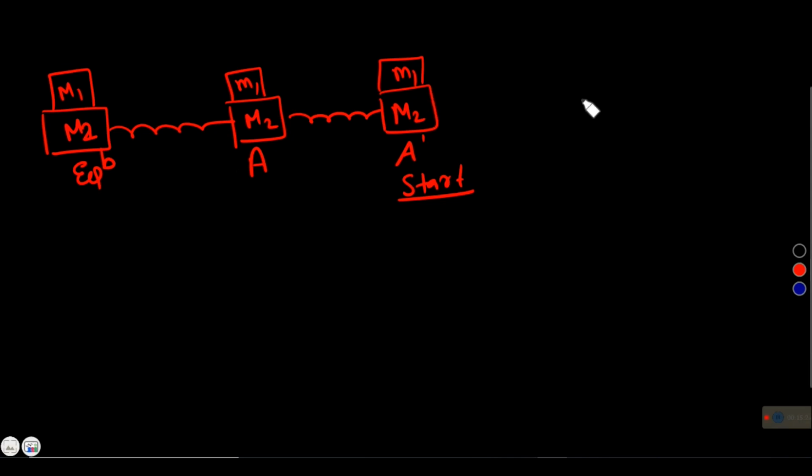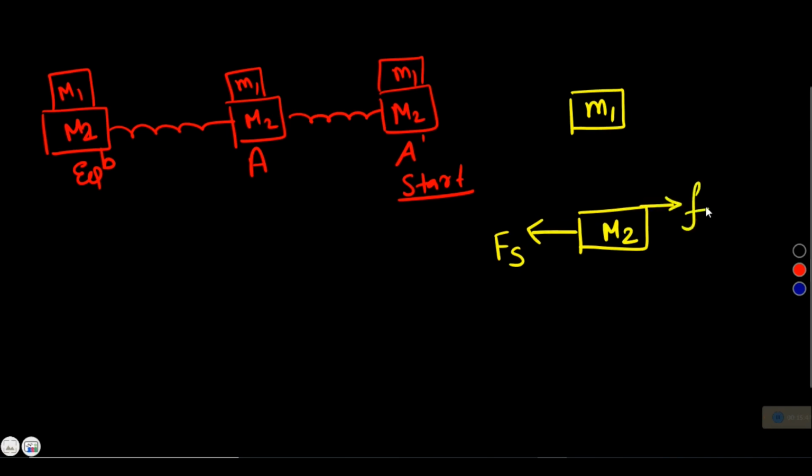See, what we have seen, its free body diagram. So M1 and this is your M2. The spring force will be acting like this. And we have to draw the frictional force first on this block, as this block wants to move in the left direction, so the frictional force direction will be towards the right. Contrary, the direction of friction on the M1 block will be towards the left.